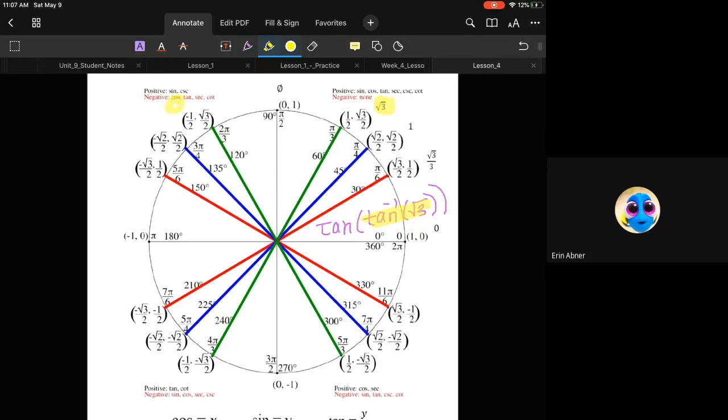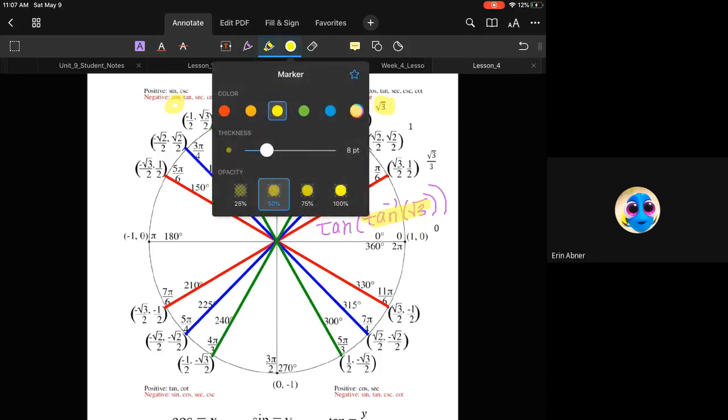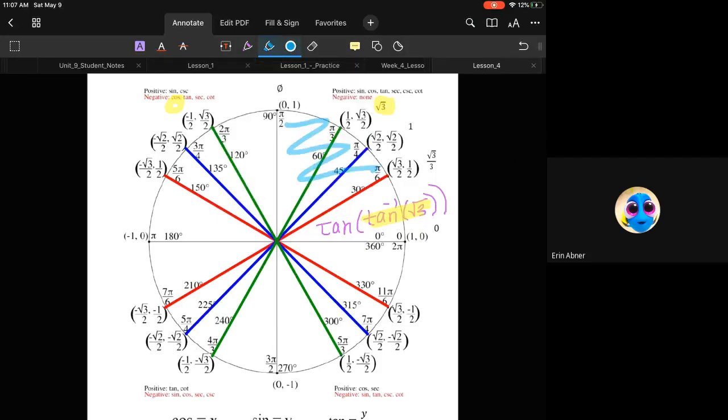If I'm only focusing on this side of the circle because we're talking inverse tangent, then I want this value here. Well, since they gave me the square root of 3, I want to know this right here. So I'm looking for this value. So that leaves me with this part.